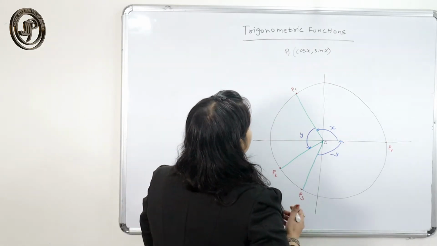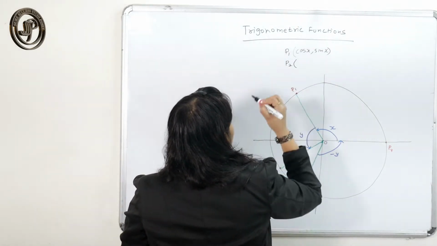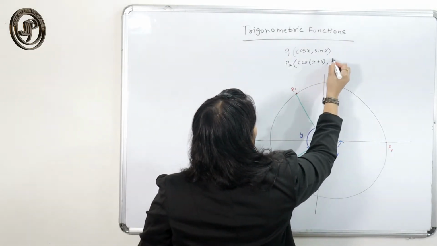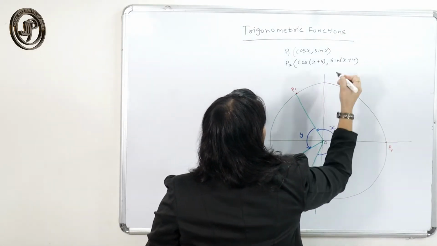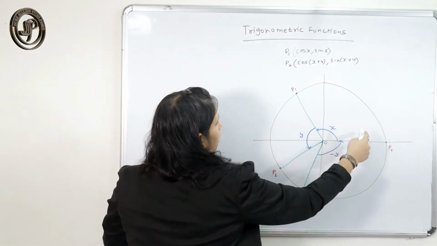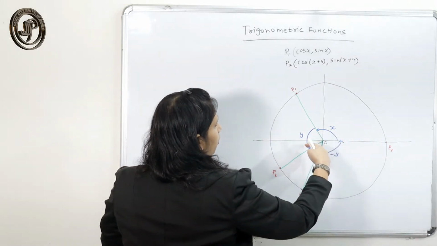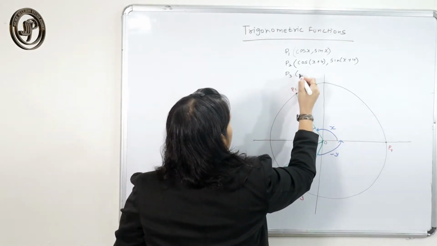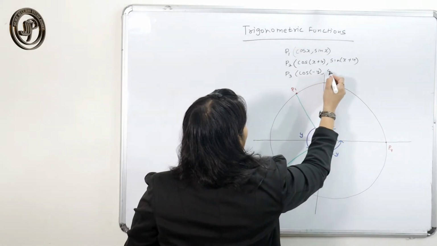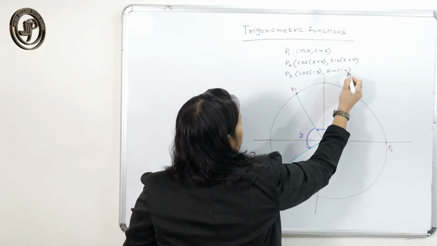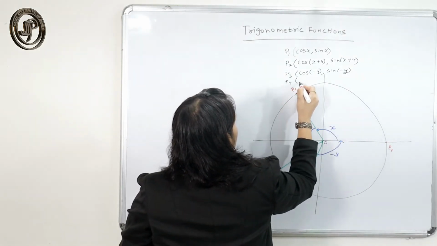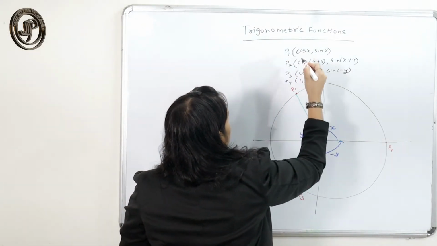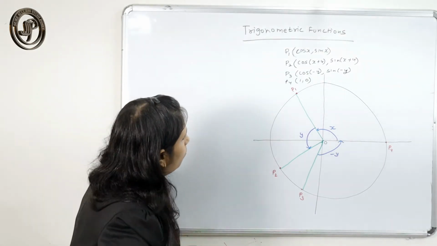P2 will be cos(x plus y), sin(x plus y), because if you consider the total angle, it will be x plus y. Now P3 is cos(minus y), sin(minus y), and your P4 will be (1, 0). So these are your points.